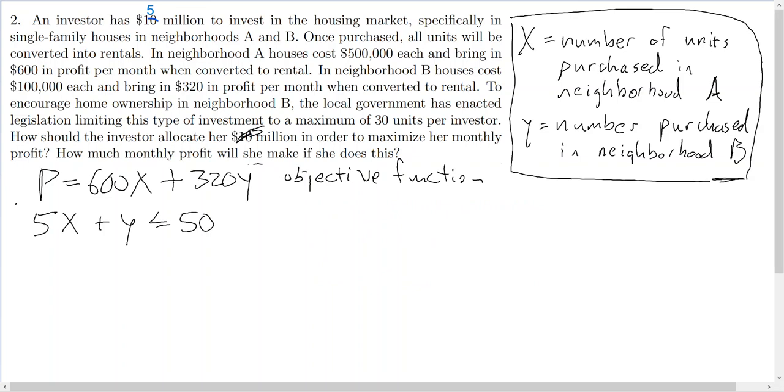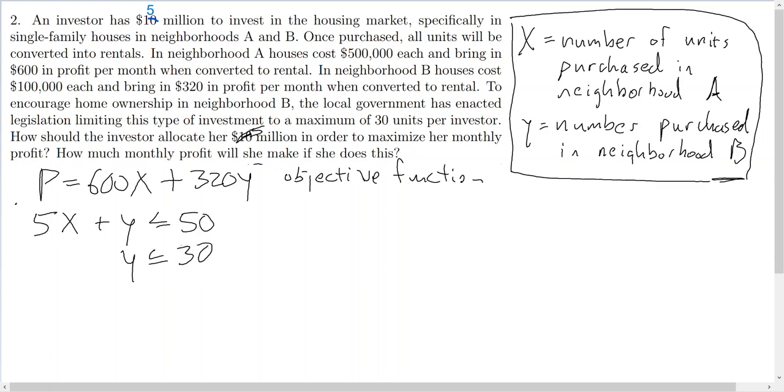Okay, so we have that. What else do we have? We have the legislation enacted. That tells us that whatever she buys from neighborhood B has to be at most 30 housing units. So since Y is the number of units purchased from neighborhood B, that simply says Y is less than or equal to 30.